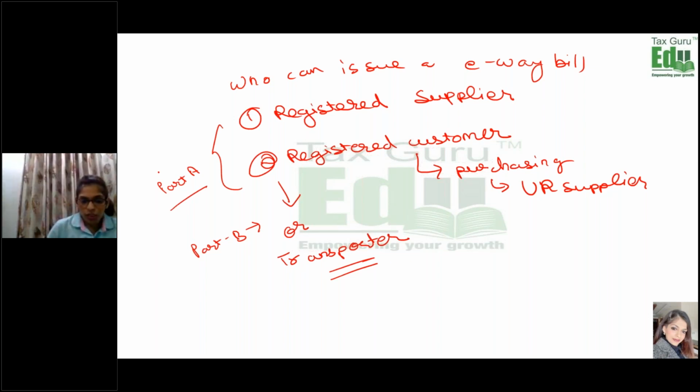Now, all these are those who are registered, either a registered supplier or a registered customer. Then there is a transporter also, but the transporter may not be registered. As we have discussed, as per law, transporters, the GTAs, don't get registered if they take the 5% slab rate of GST.